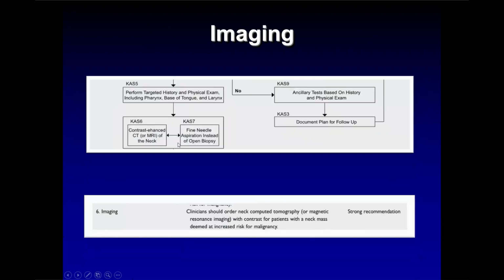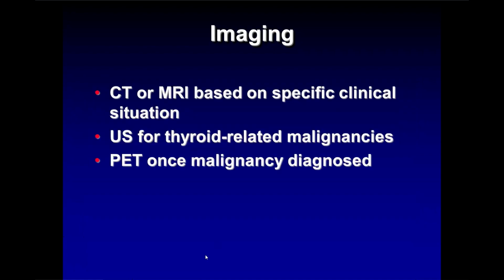So the imaging of choice, as I mentioned earlier, the workhorse tends to be the CAT scan. That is typically the first test that we order. I'll discuss briefly some other imaging or diagnoses where MRI may be a little bit more favorable, but you can't go wrong with ordering a CAT scan up front, because I think it gives you a good evaluation of the neck itself and any other pathologies that may be incidental.